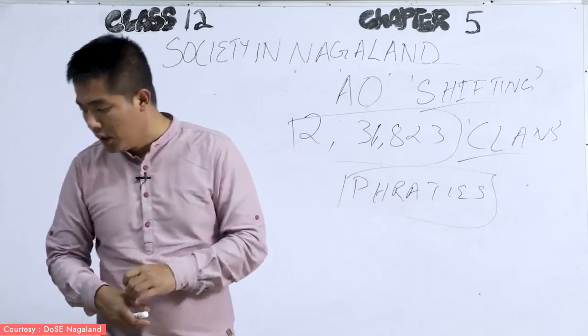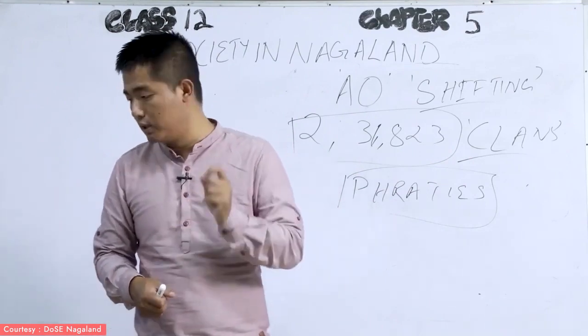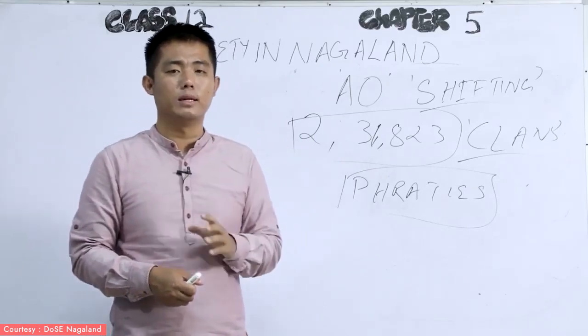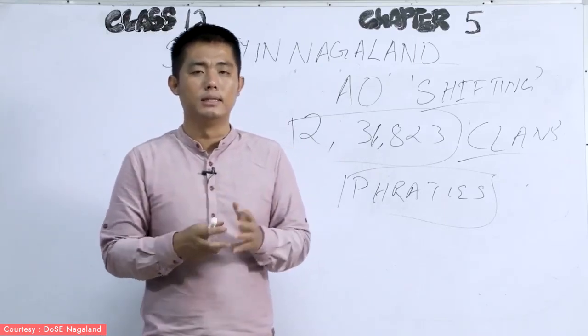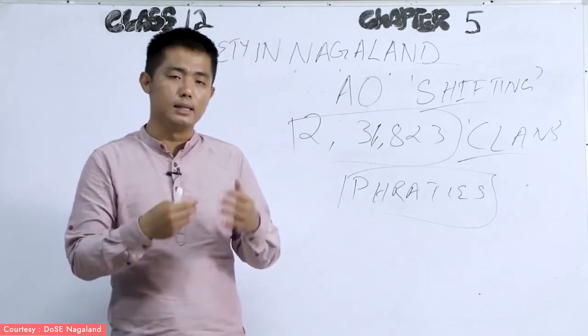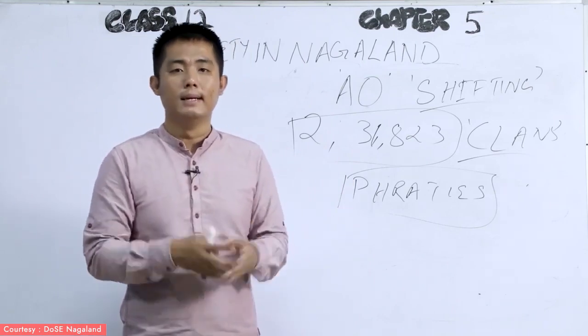Now here the Ao social organization includes the council elders and village chiefs. So who are these council elders? Those people whose age is a little older, much older than the other group of people.